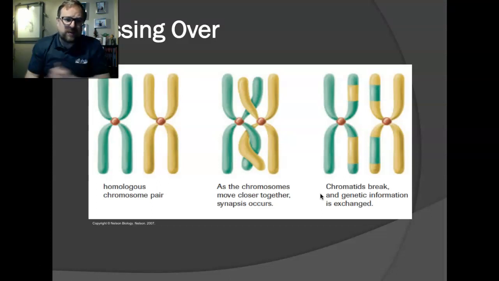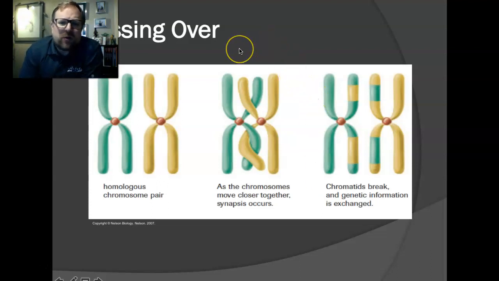It's the reason why you don't look exactly like your brother or sister, because no two sperm are alike, and no two eggs are alike as far as the genetic information they carry, because of processes like crossing over.